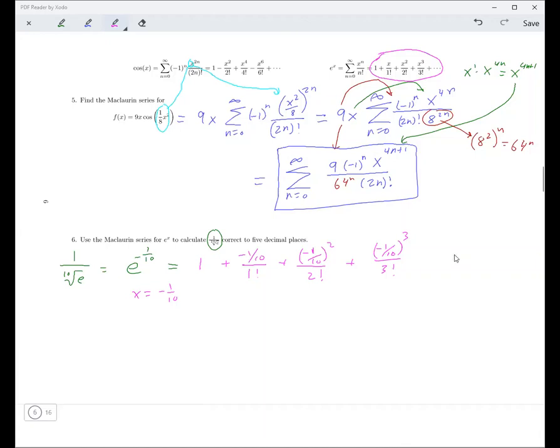Let's see, what's the next one going to be? Negative 1/10 to the 4th power over 4 factorial, plus negative 1/10 to the 5th power over 5 factorial, and so on.